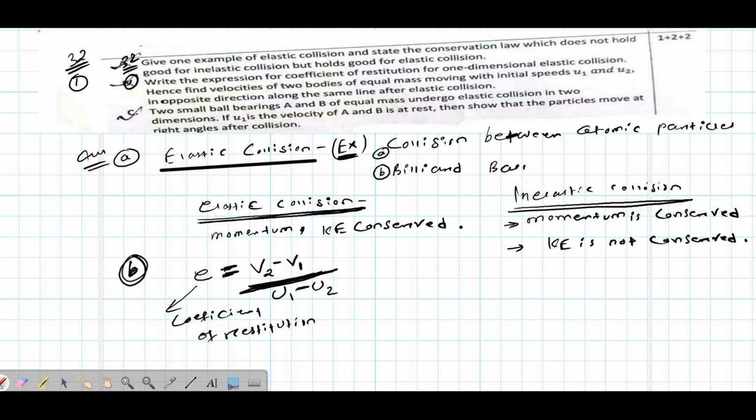Hence find the velocity of two bodies of equal masses moving with velocities u1 and u2 in opposite directions along the same line in elastic collision. The restitution equals (v2 minus v1) divided by (u1 minus u2).